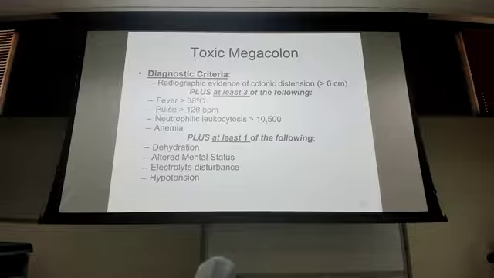So at least 3 of those with 6 centimeter dilation, and at least 1 from the final list on your slide: either dehydration, altered mental status, electrolyte disturbance when you draw the chem panel, or hypotension. So know the diagnostic criteria for toxic megacolon.